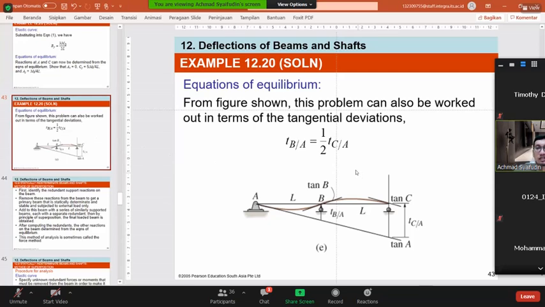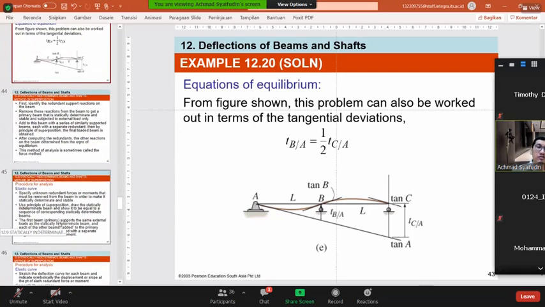So this is considered from point C. Then how if we consider from point A? It should be similar. We have to get the same answer.